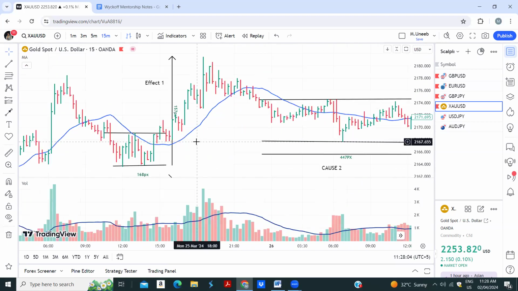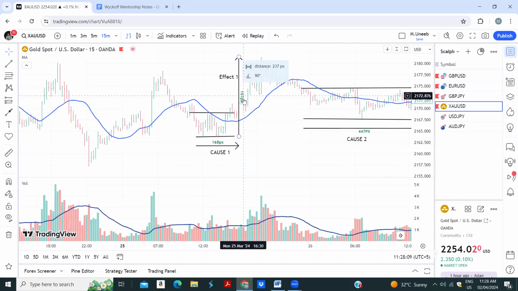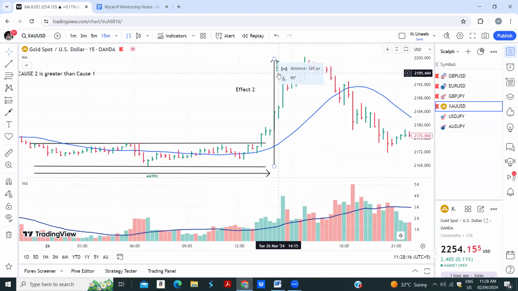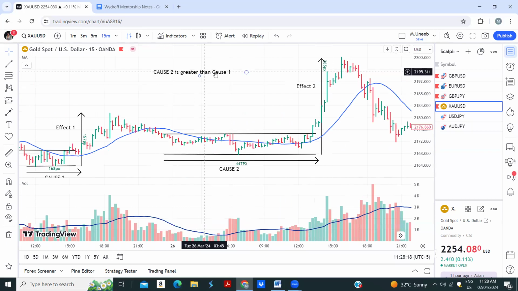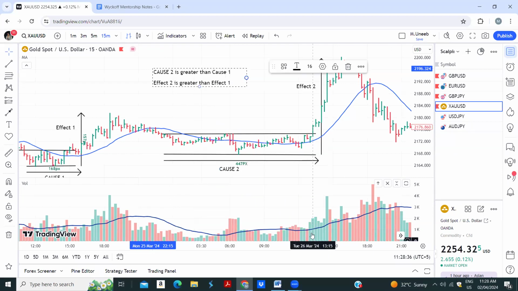So as we can see from here, when we have a cause of 168 px, then we have the effect of 157 px. When we have the cause of 447 px, we have the effect of 285 px. This shows that cause 2 is greater than cause 1, and similarly, effect 2 is also greater than effect 1.